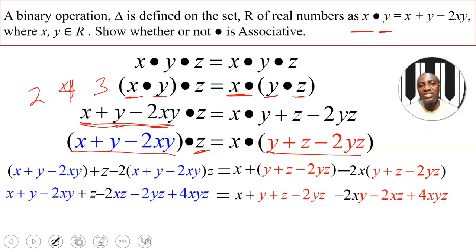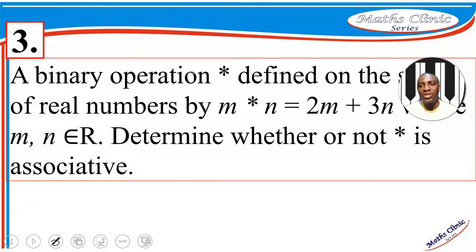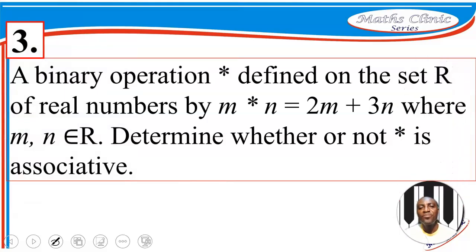And for that matter, we'll say operation dot here is associative. Good. Now, I want you to use this same idea to do this particular work, and check whether operation star will be associative or not, having this definition here, right?